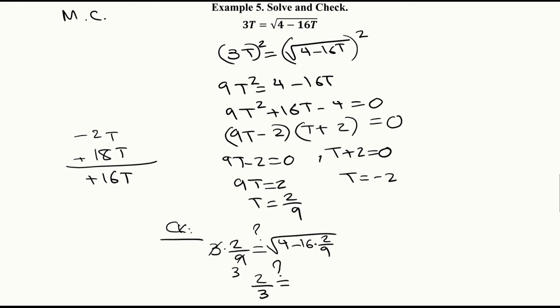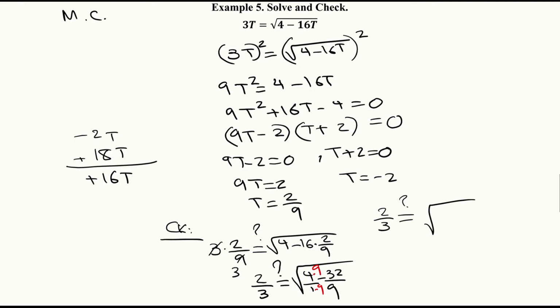So we're trying to see if 2/3 is equal to the square root of 4 minus 32/9. We need a denominator here of 1, so we want to know if 2/3 is equal to the square root of, we're going to have to multiply this 4 by 9, and do the same on the top.